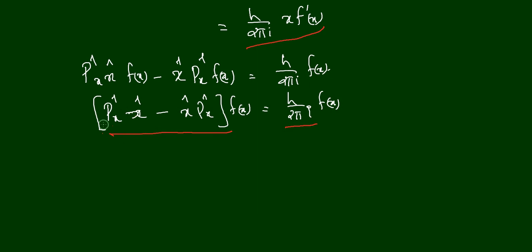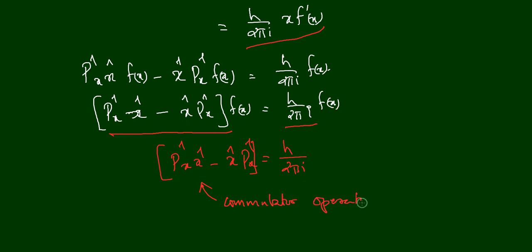So this operator, what is inside the bracket, p x cap x cap minus x cap p x cap, is equal to h divided by 2 pi i. That is a non-zero value, right? So p x cap x cap minus x cap p x cap is the commutator of these two operators. So this is the commutator operator.